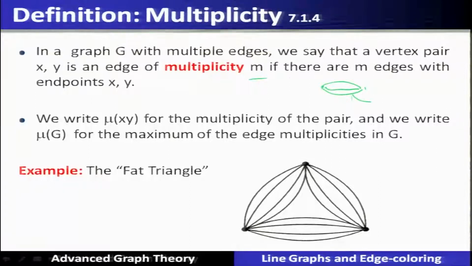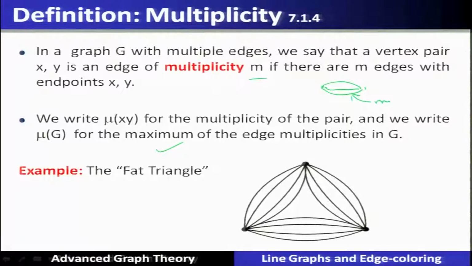Now we write mu of xy for the multiplicity of a pair, and we write mu G for the maximum of the edge multiplicities in the graph.